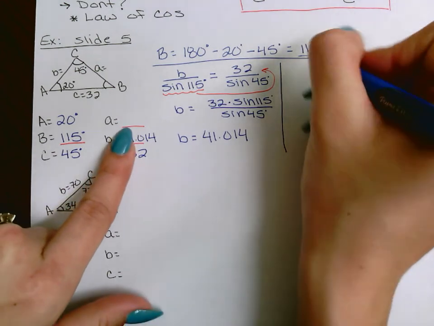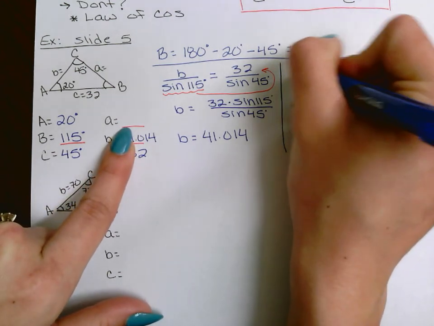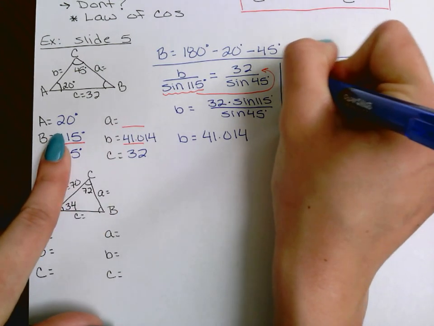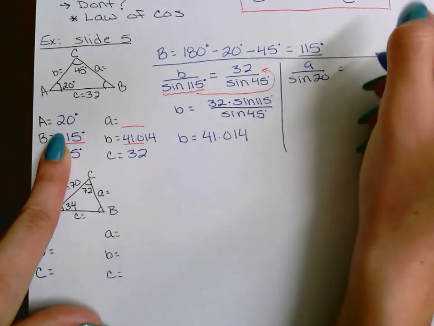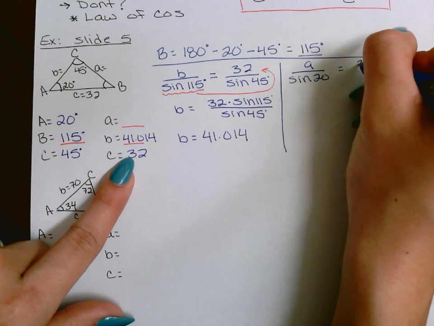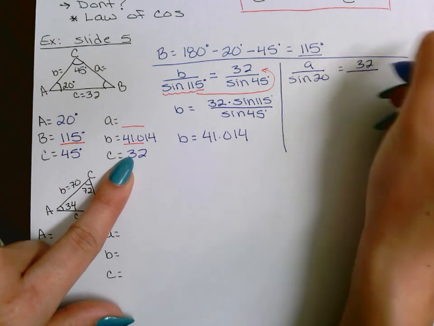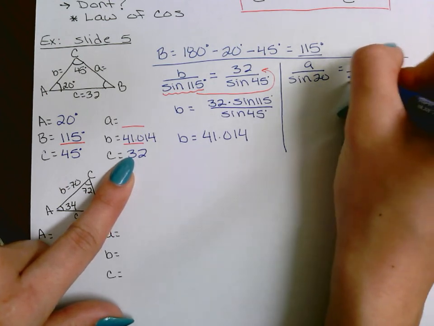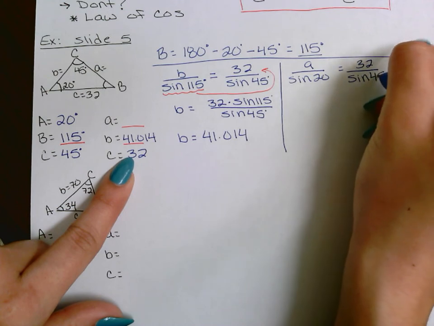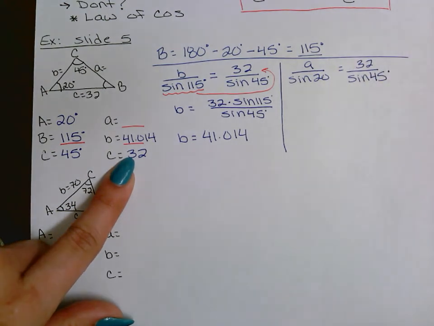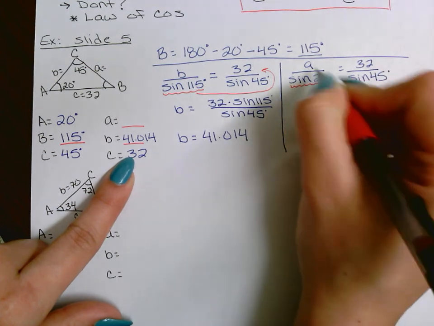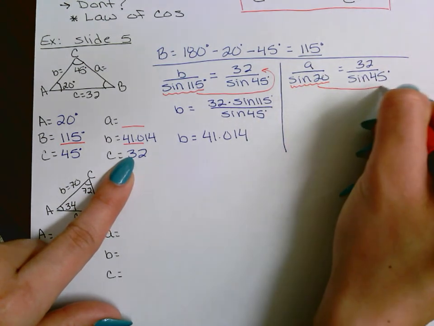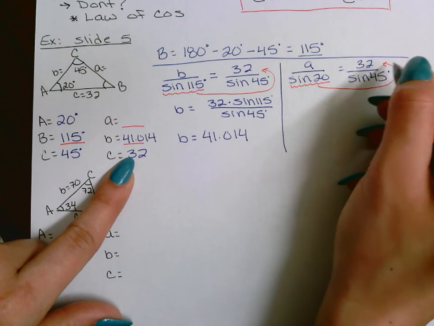So now I'm looking for little a, so I'm going to put a over sine of a, which is 20, equals, and I'm going to use c again, so 32 over sine of 45. Now we're going to take this sine of 20 to get little a by itself and multiply it over.